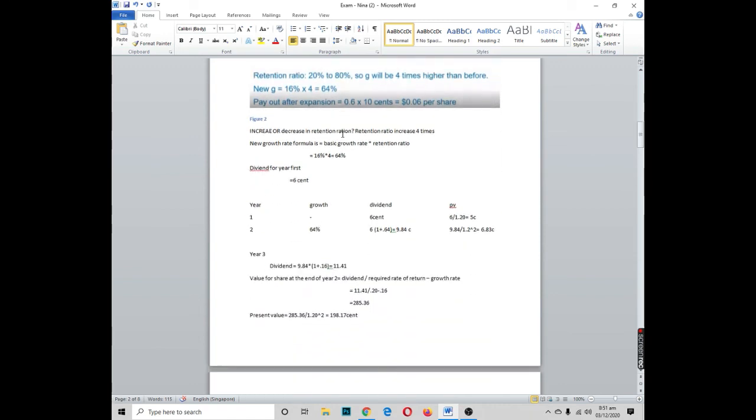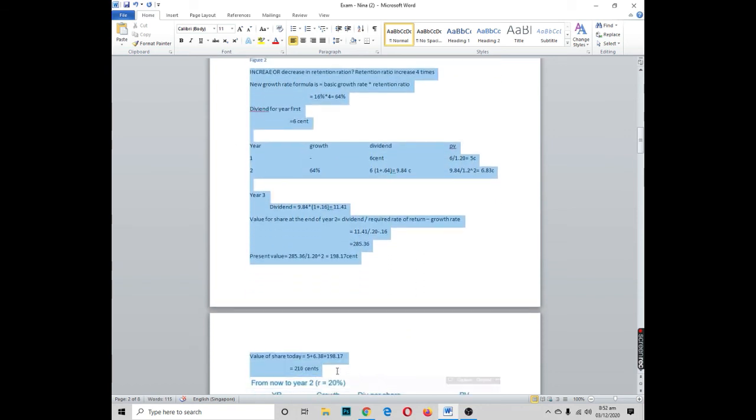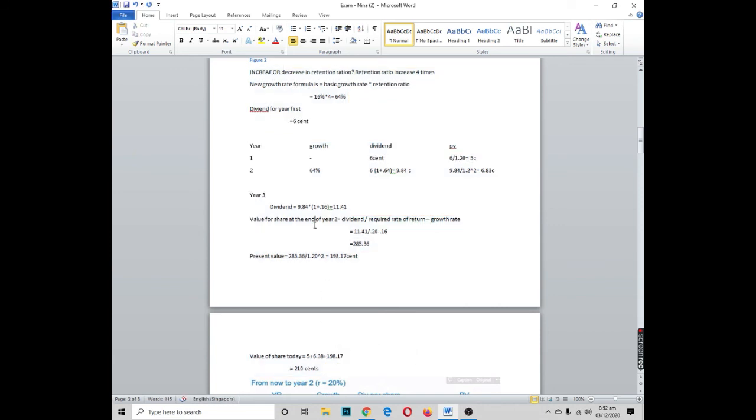So this is the variable growth rate formula. First in the dividend growth rate model is the non-growth model: simply we divide dividend by required rate of return. In the second option, constant growth rate, we divide dividend times 1 plus growth by required rate of return less growth rate.